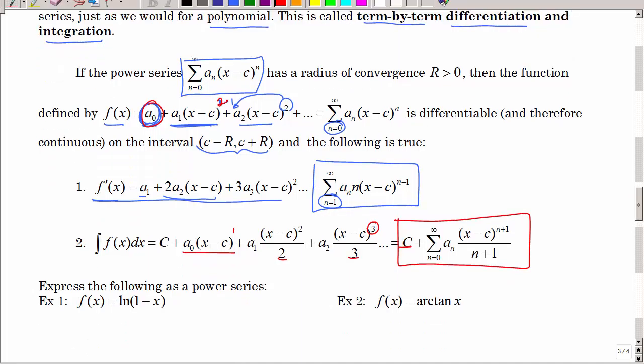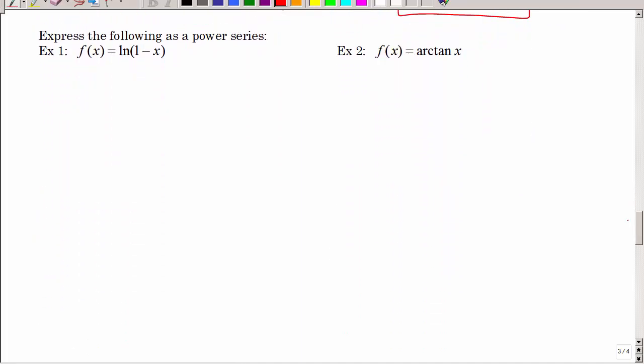So now we are going to look at functions and express them as power series, using the idea that we may take the derivative or the integral to get there. So recall, a power series needs to be in the form of a times r to the nth power, and remember that sum is a over 1 minus r.